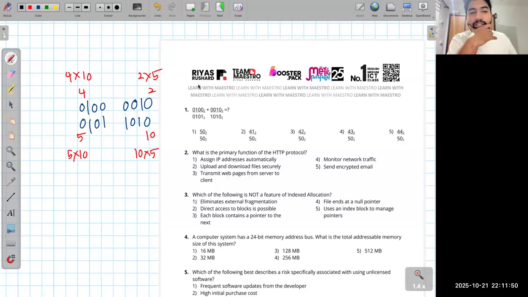10 divided by 10. Okay, a very interesting question. So can't we convert to decimal? So 50: 4 into 10 is 40 plus 5 into 10 is 10. Yeah, 50 divided by 50. And I think it's an easy method. Nice one, make it easy.